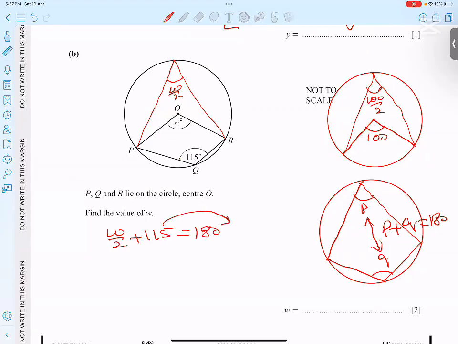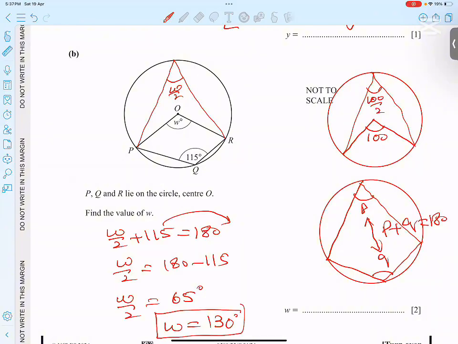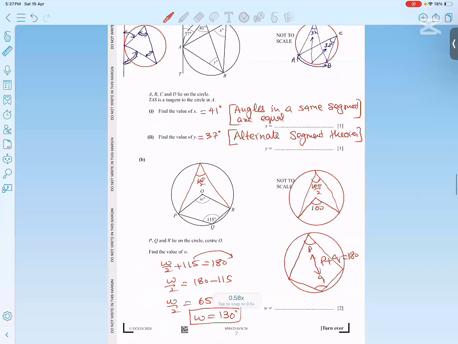So this will go on the other side, W by 2. And when I subtract, I get 65. And 2 will multiply, and I get 130 degrees. I hope the point is very clear, and we have done it. Alhamdulillah. So let's go for the next question.